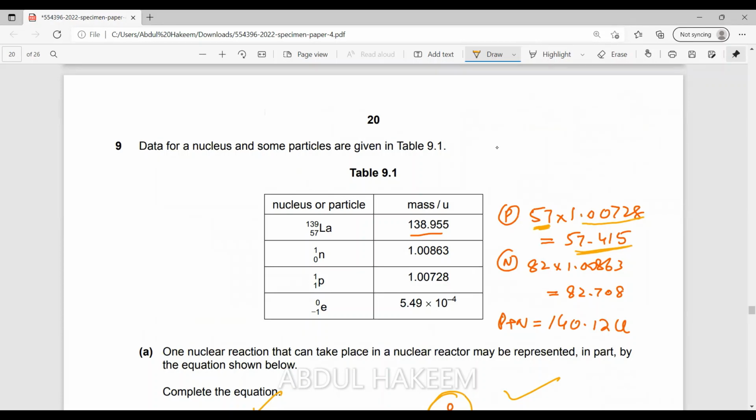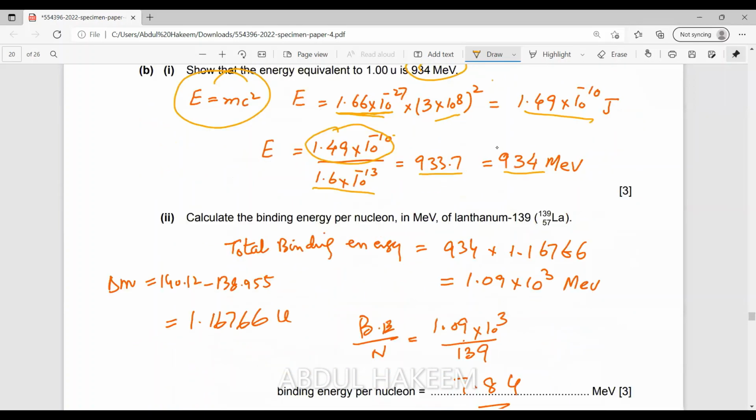Then it has 139 minus 57, 82 neutrons, and the neutron mass is given here. So this is the total mass, the sum of the protons and neutrons. But when all these particles, protons and neutrons, are combined, the total mass of the nucleus becomes this. So we will calculate the difference of these two, because that is converted into energy.